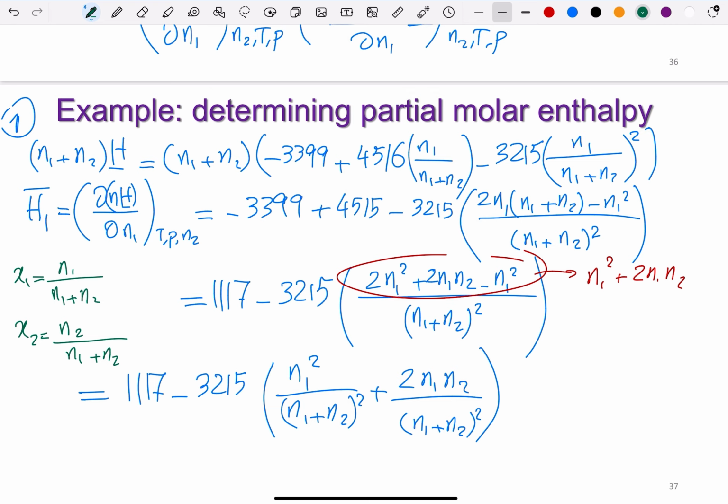So the first term, n1 squared divided by (n1 plus n2) squared, is just x1 squared. The second term is what? Is it x1 times x2? Yes.